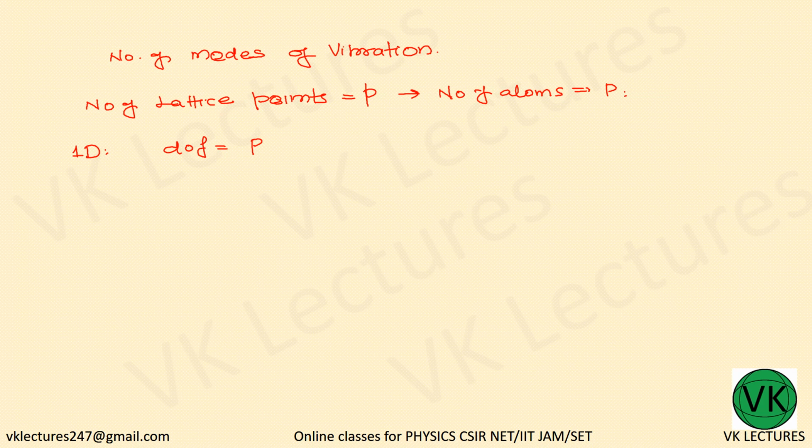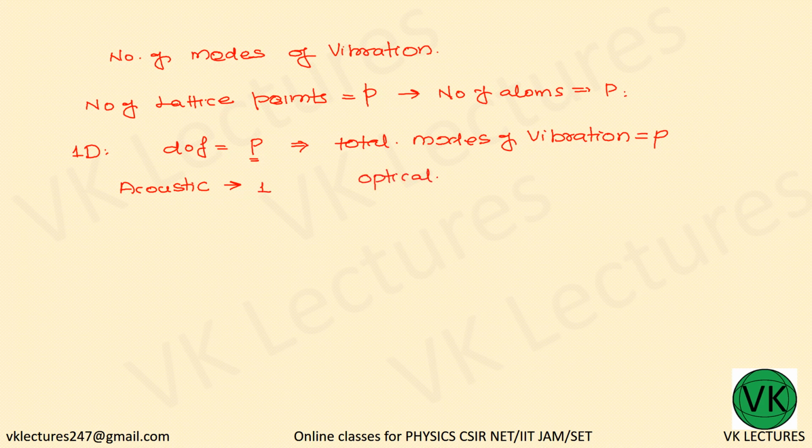Since there is degree of freedom P, this implies the total number of modes of vibration will be equal to P. Acoustic modes of vibration is 1, and optical modes of vibration, that means the number of vibrations which vibrate with optical frequency, is P minus 1.